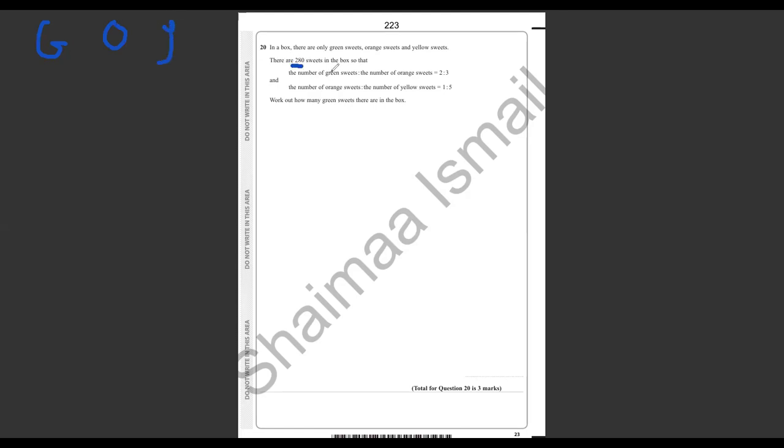There are 280 sweets, so the total here is 280. The number of green sweets to the number of orange sweets is in a ratio of 2 to 3.